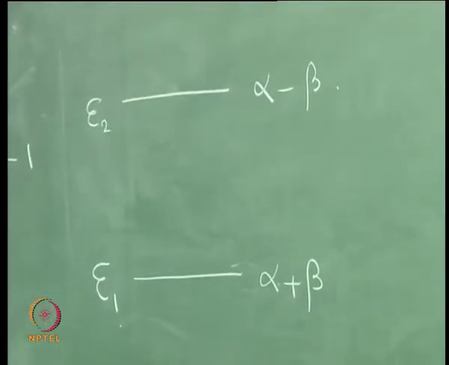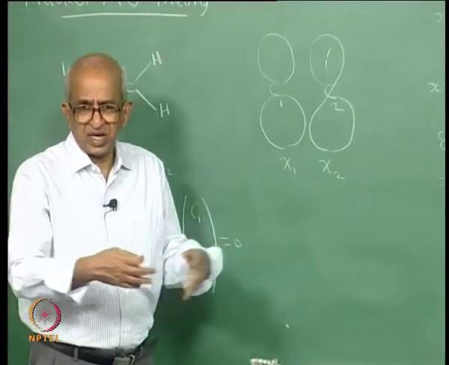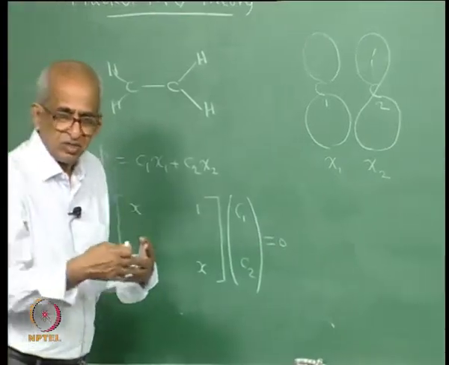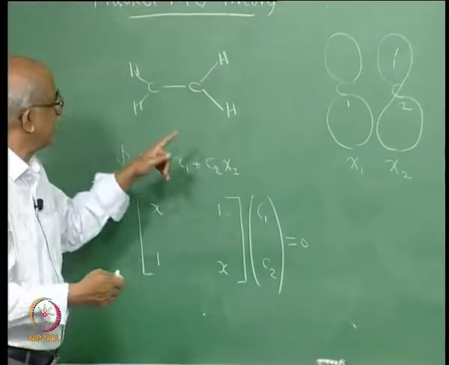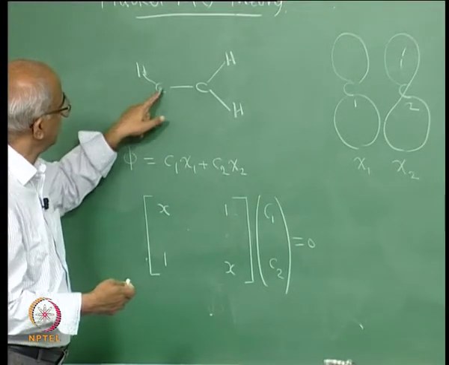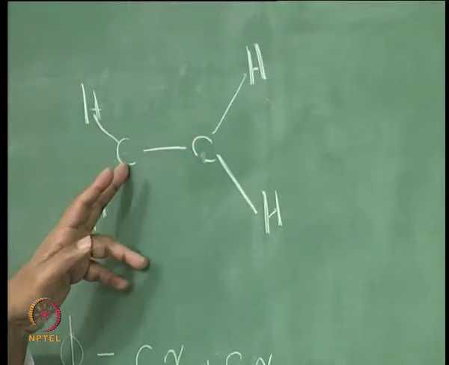And in the case of ethylene, each carbon atom has 4 valence electrons, but 3 of the electrons of the carbon atom are used to form 3 sigma bonds. So, 1 for this bond, 1 for that and the third for that, and that leaves 1 electron sitting in the p orbital.